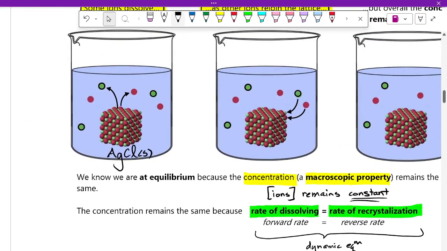So this first beaker, this is dissolving. And you can see two particles come up, right? We got those two little arrows coming up, a green and a red. And then we have recrystallization. You can see a green and a red come back together and join onto the lattice.